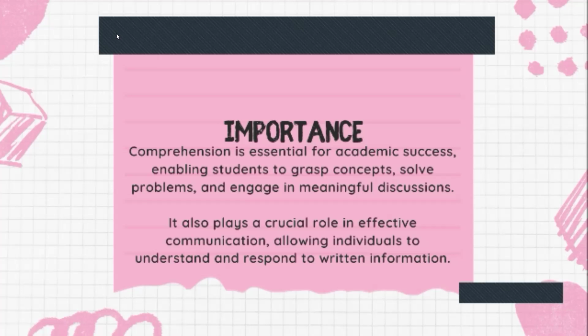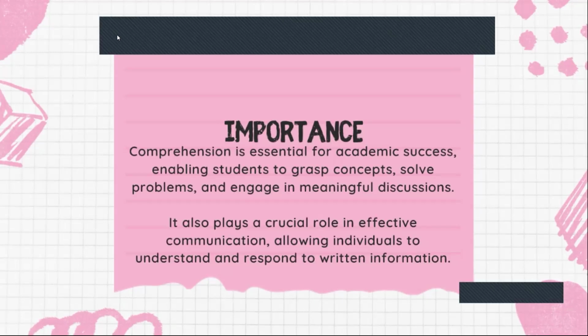Telling me, for instance, that my 5-year-old can read a text meant for year 12. Fantastic. Does the child understand the words? Can the child explain what has been read? There must be comprehension for there to be meaningful discussions and for effective communication.